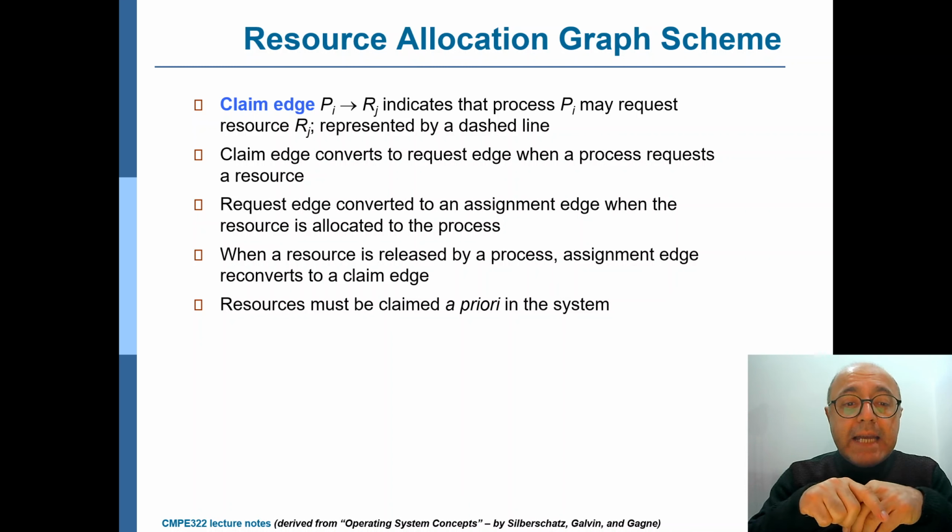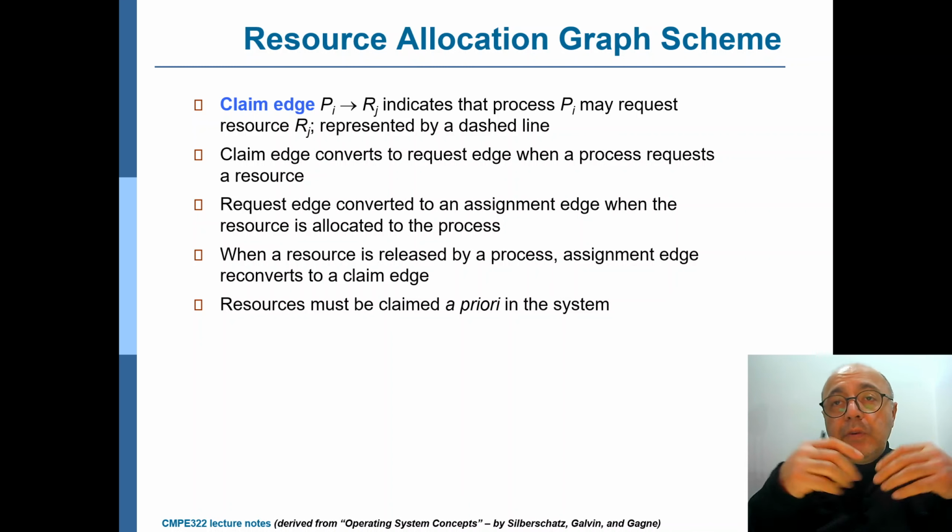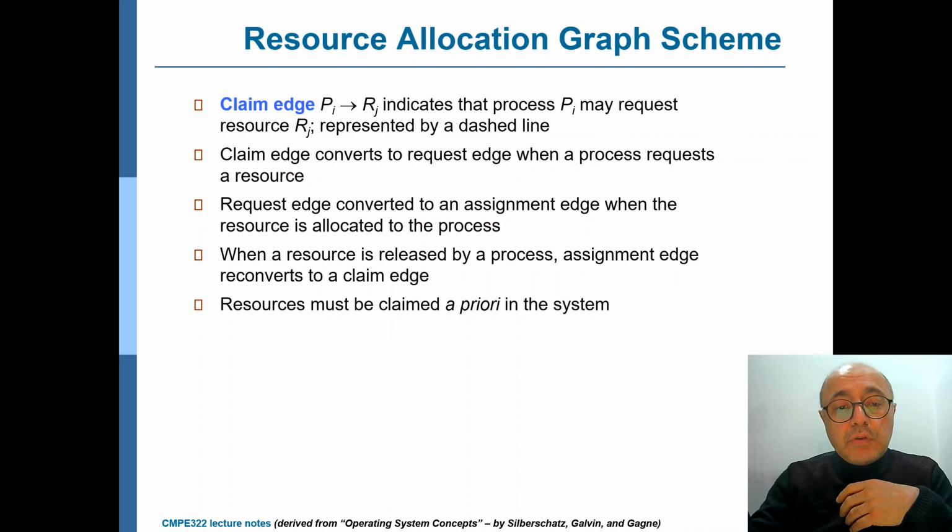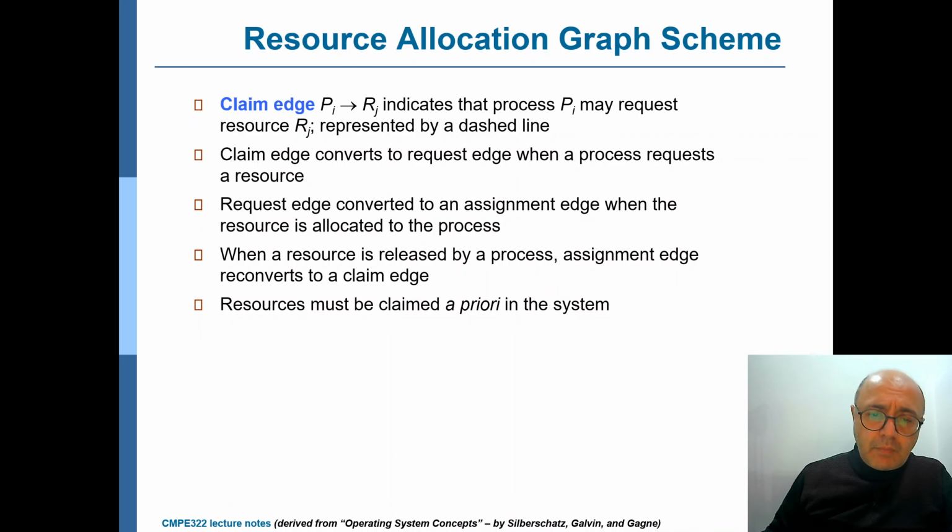We will call that claim edge, again from a process to a resource, because the process could be claiming that resource type. And we will show that with a dashed line. And the claim edge means that process Pi might request resource type Rj. Note that I'm saying might request. It's not guaranteed that it will make such a request. But there is the possibility that it might make such a request.